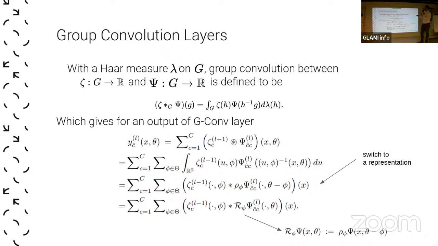And in here, you integrate over the entire group. So you need to make some assumptions about the group. And yeah, that's the basic idea. You consider the features to be functions on the group, and then you can integrate over the entire group. With some mathematical tricks, you're really able to express it as multiplication of matrices. That's the last row here, which is really, really nice.